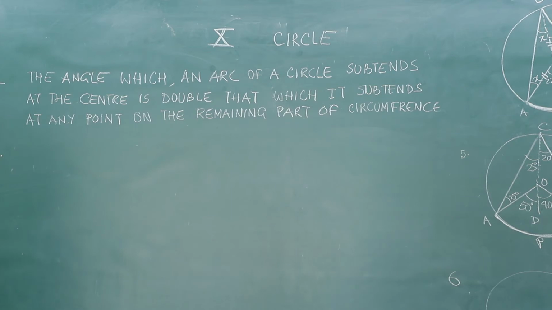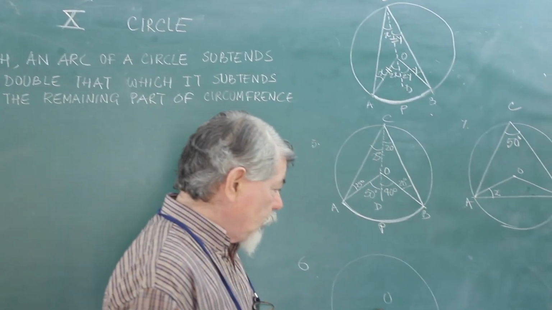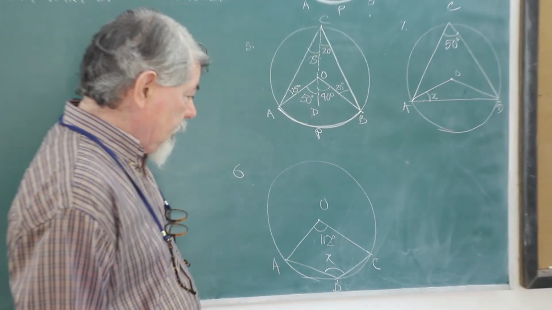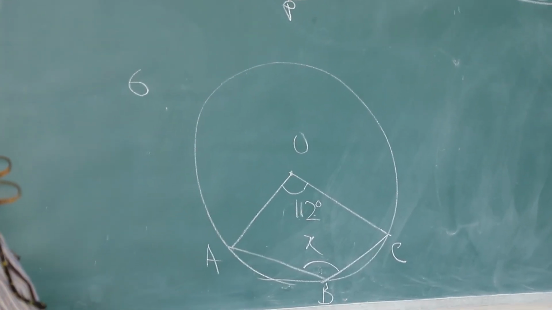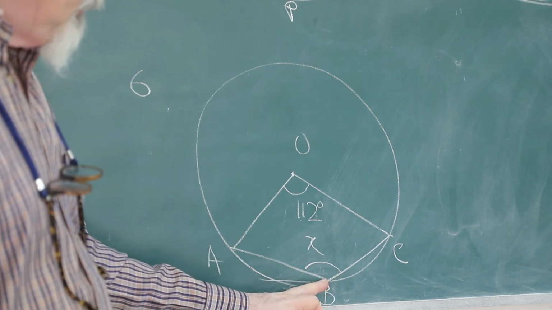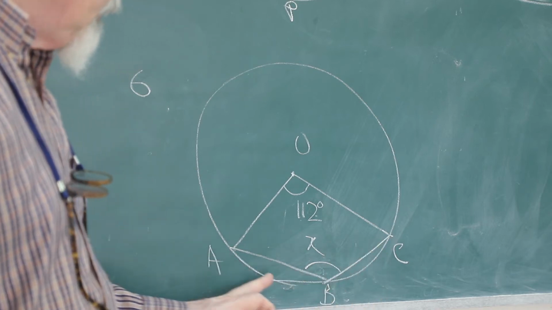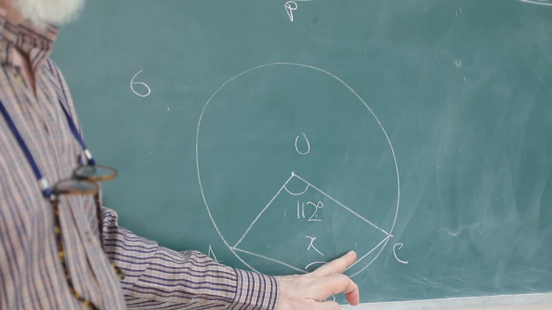Okay, let's look into the sixth question. Look at the figure on the side. O is the center of the circle. Now here a little difference is there. The point B is taken on the minor arc.